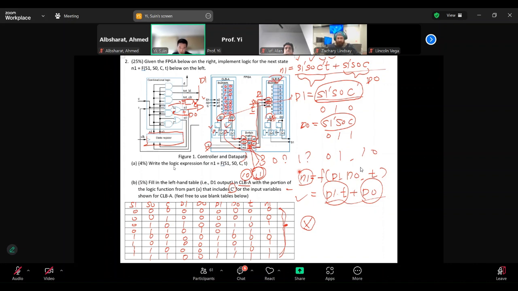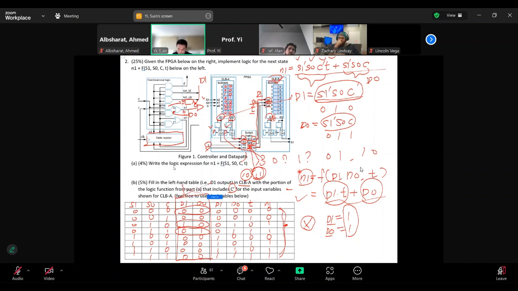Yeah, great job, Shibam. So D1 equals 1, D0 equals 1, simultaneous ones for D1 and D0, is not going to happen, because if you look at the CLB A, the combinations you can obtain are 0 and 0, 1 and 0, 0 and 1, but 1 and 1 never occur.